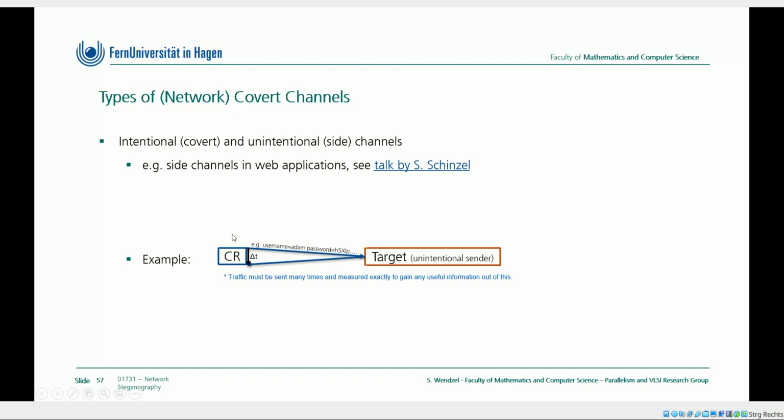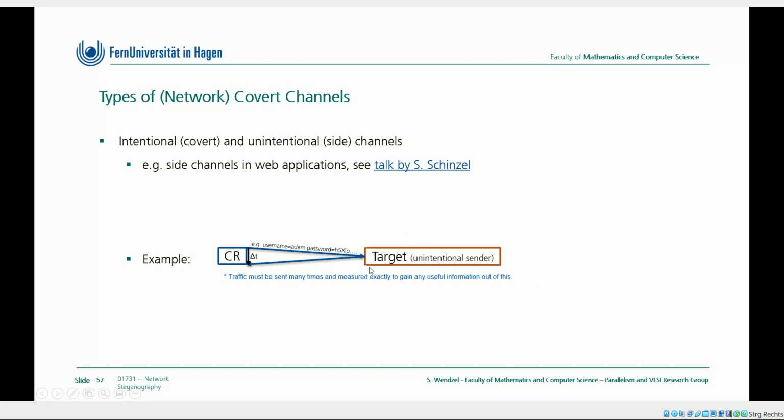If you have a covert receiver and sender at the same time, then the sender can probe some target to get information to the covert receiver. So how does this work?